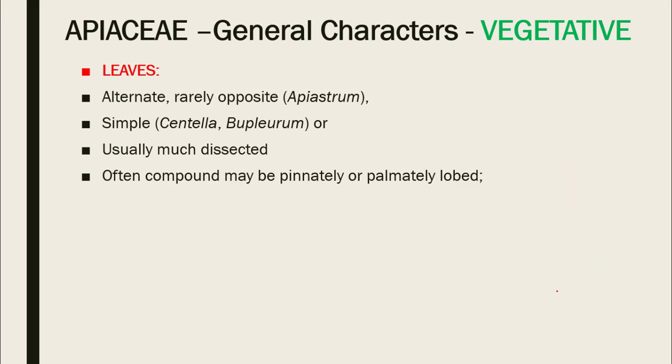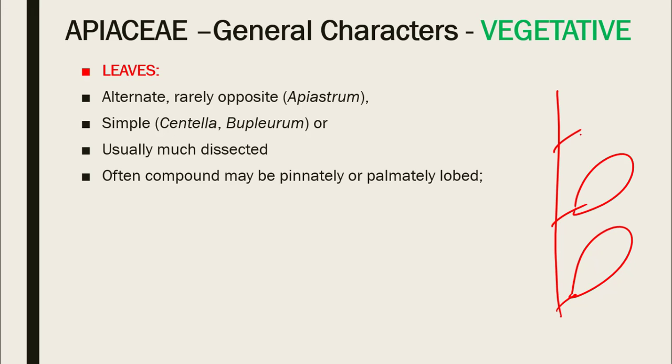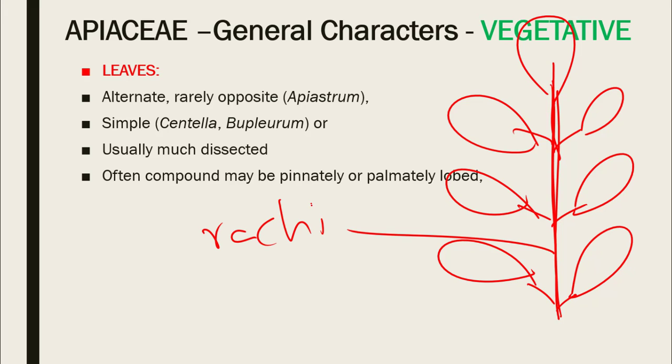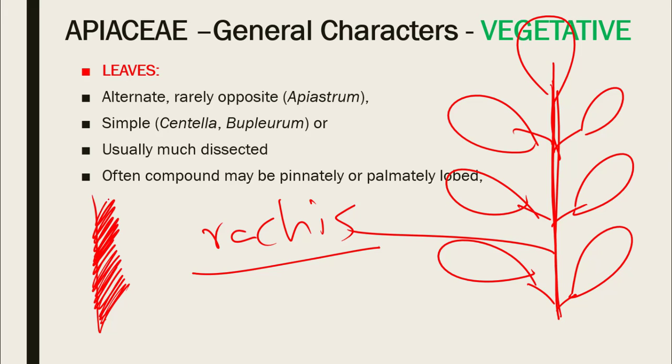On the other hand, a compound leaf is one in which the lamina is divided into leaflets. When the leaflets arise from a central axis which is known as the rachis, just like the pinnae of a feather, the feathers of birds, they have a somewhat similar structure as I am drawing here.